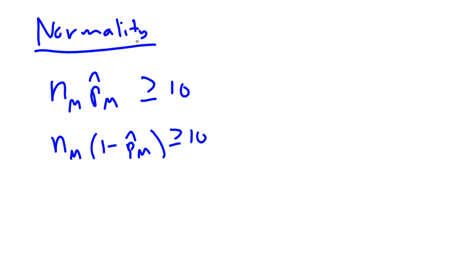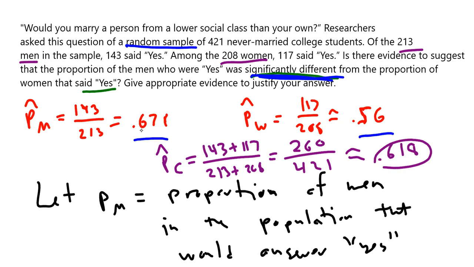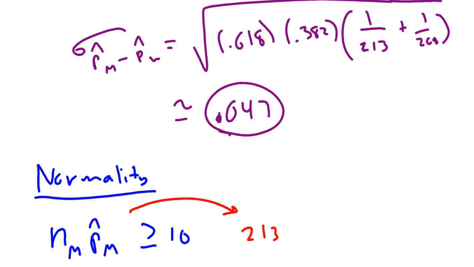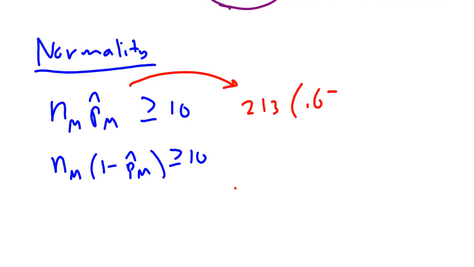So in the case of the number of men, there was 213 times p hat for the men, which was 0.671. You can see it right here. This is 0.671. And that turns out to be, when you know it, 143, which shouldn't surprise you at all.